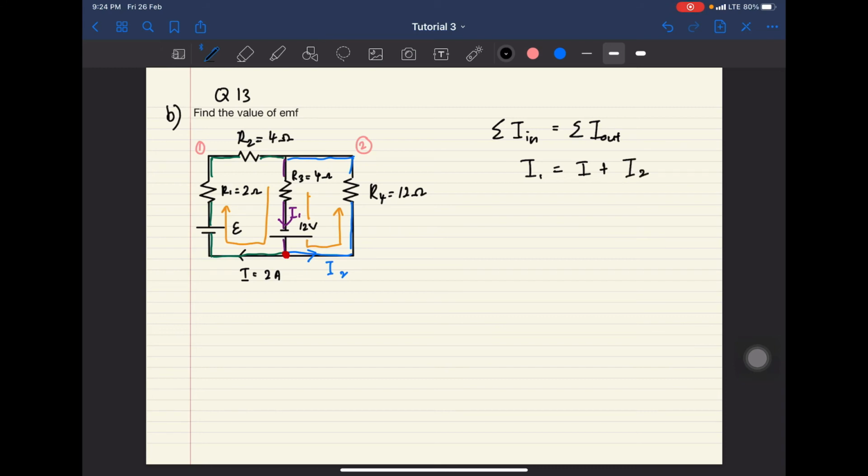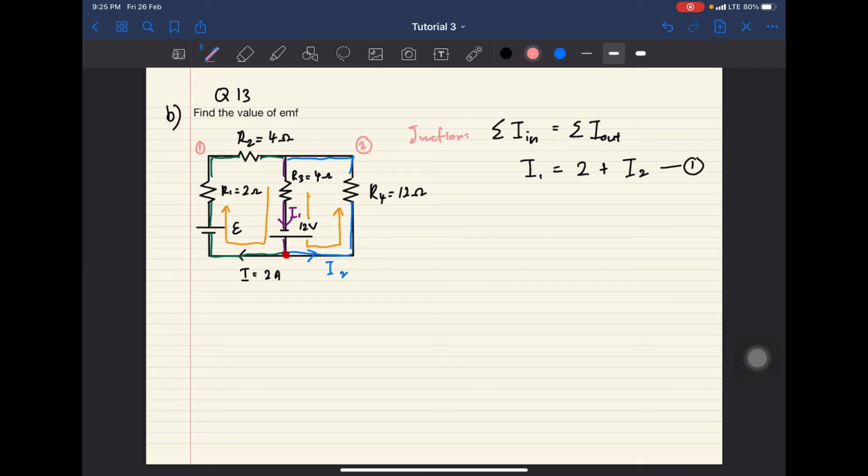So straight away maybe I can write my I with the value itself. Kalau takkan saya akan substitute juga. So saya tulis straight away 2. Okay, this is my first equation. I'll leave it like here, like this first. Okay, the second one, obviously I have to apply, this one is Junction Rule.